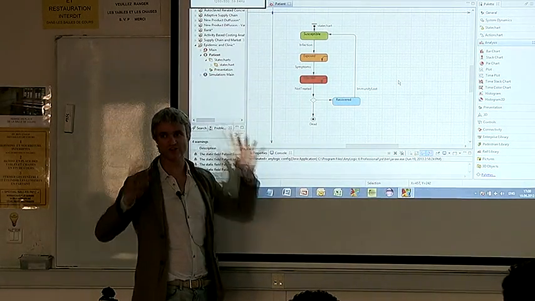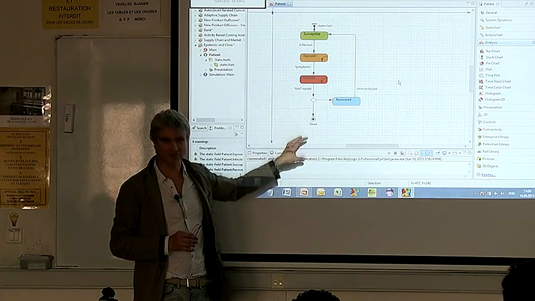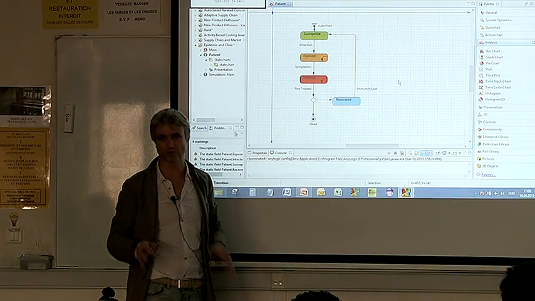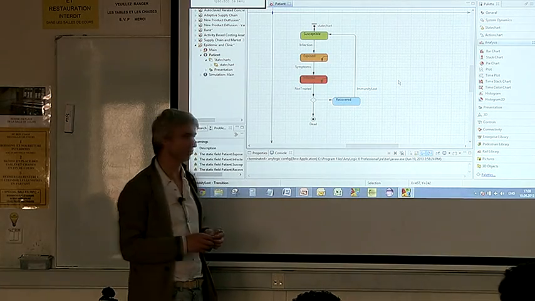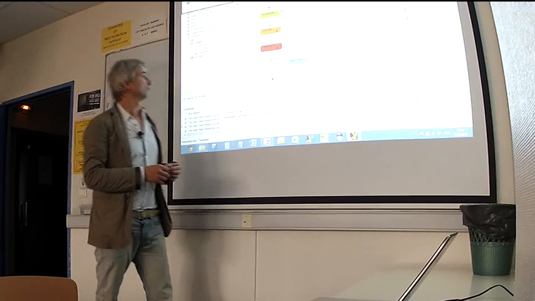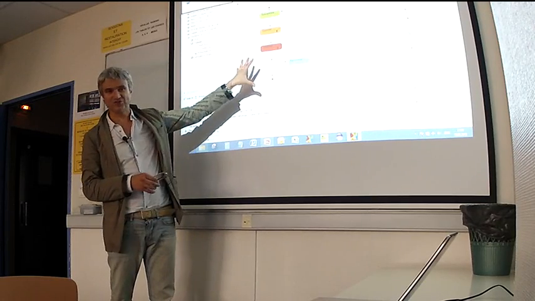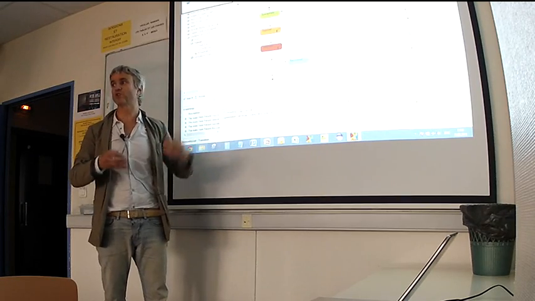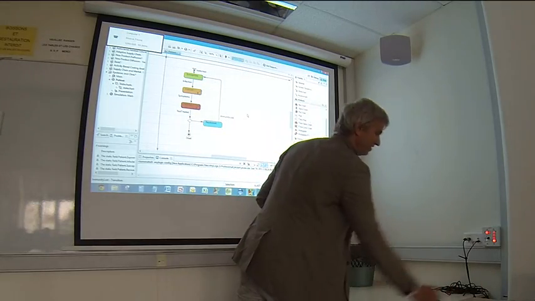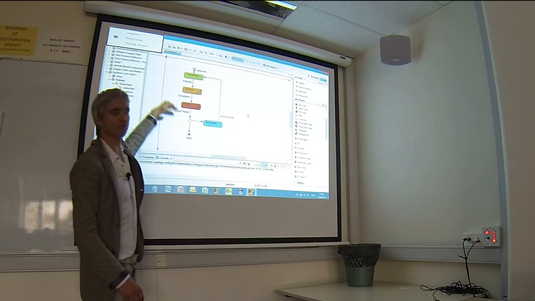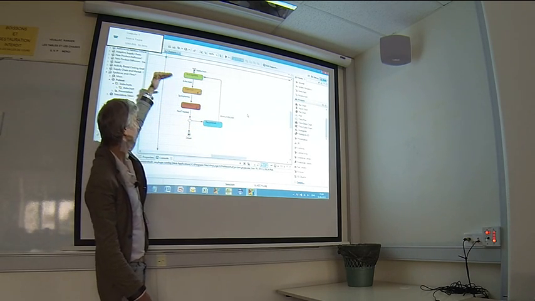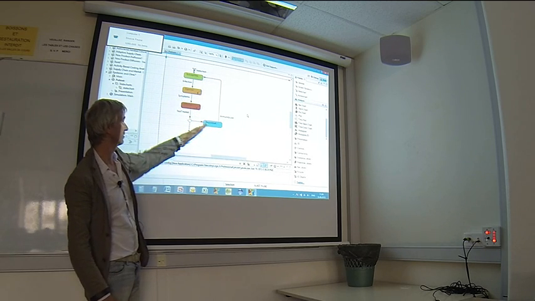Just to make sure we understand what a state chart is and how it's different from a process flowchart or a system dynamics stock and flow diagram. First of all, this state chart describes the states of one particular object. The states are mutually exclusive. The person is either susceptible or exposed or infected or recovered or dead.